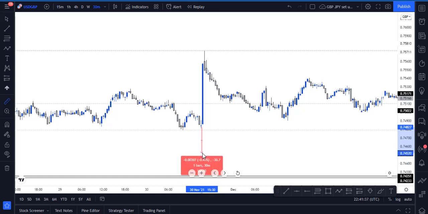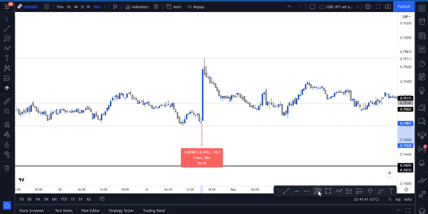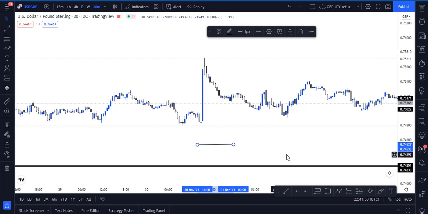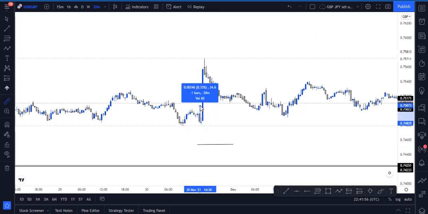That's why I say you just want to make sure you're always on your charts, don't leave your charts. So 30 pips, we have the sell stop here, and then let's use another 30 pips for the buy. 30 pips, somewhere here, and then we set our buy limit 30 pips here.